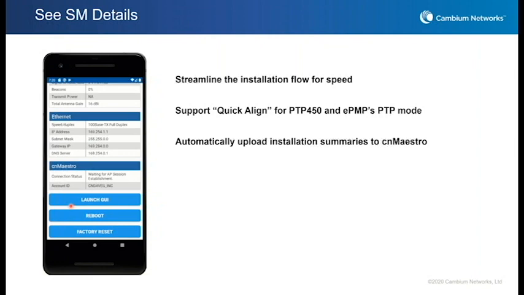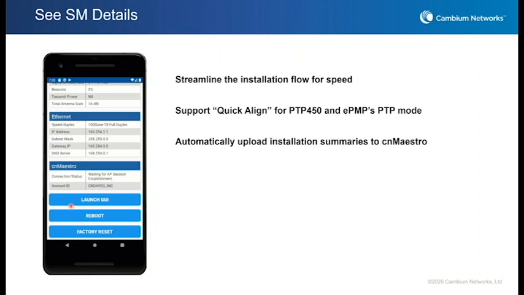And the original intent of cnArcher was to make it easy for new installers to get up to speed and start installing. That part works. It's easier for the new installer to start using cnArcher than the GUI directly.